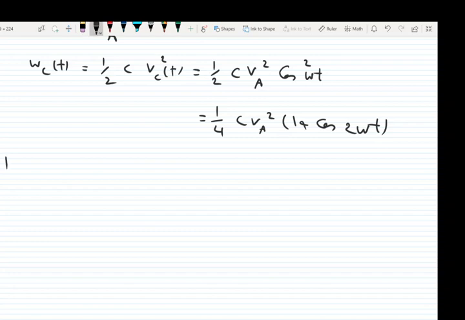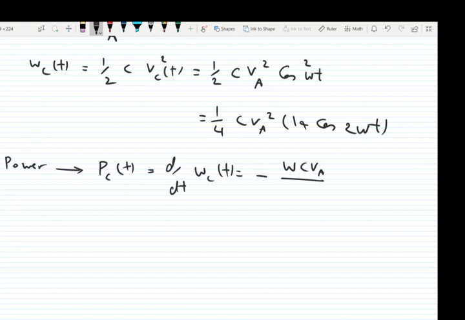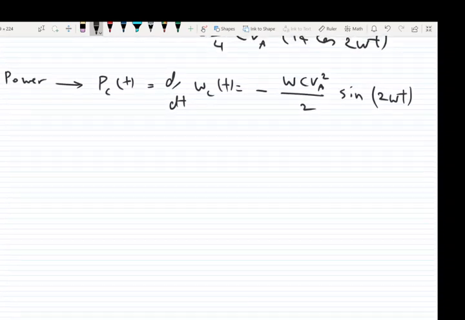What is the power in a capacitor? We know that the power in a capacitor is the derivative of the energy, so it's d over dt of the energy of a capacitor, which is equal to negative omega C VA squared over 2 times sine of 2 omega t. So this one is the power for a capacitor.